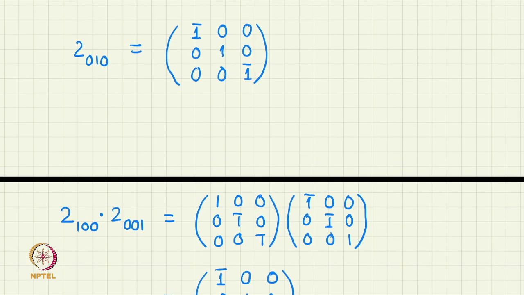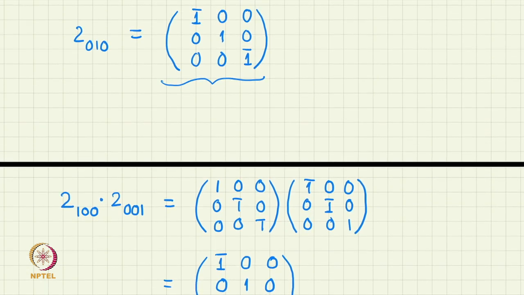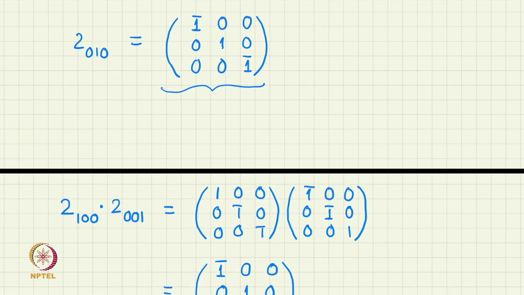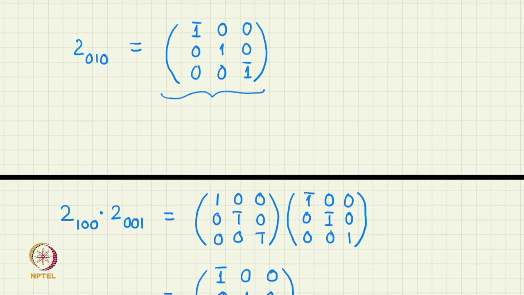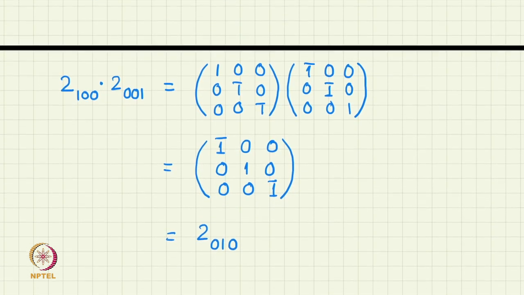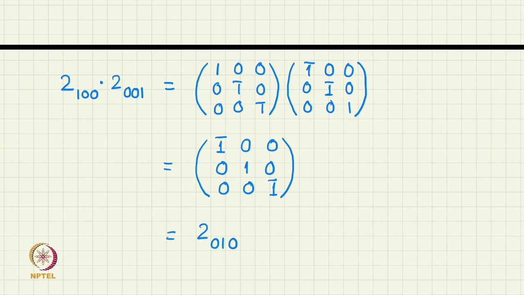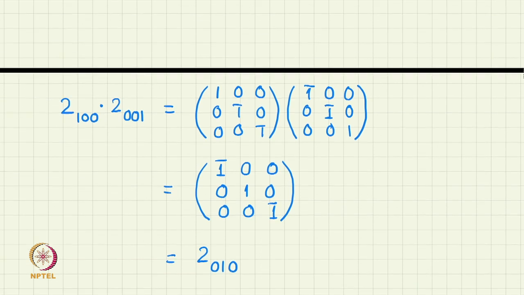But go back and see this matrix here, bar 1, 0, 0, 0, 1, 0 and 0, 0, bar 1, that is exactly the same matrix. So, this is the matrix 2 0 1 0. So, by matrix multiplication also, even if we were not having the stereogram, we can verify that the product of two-fold rotation about 0 0 1 and two-fold rotation about 1 0 0 is another two-fold rotation about 0 1 0.